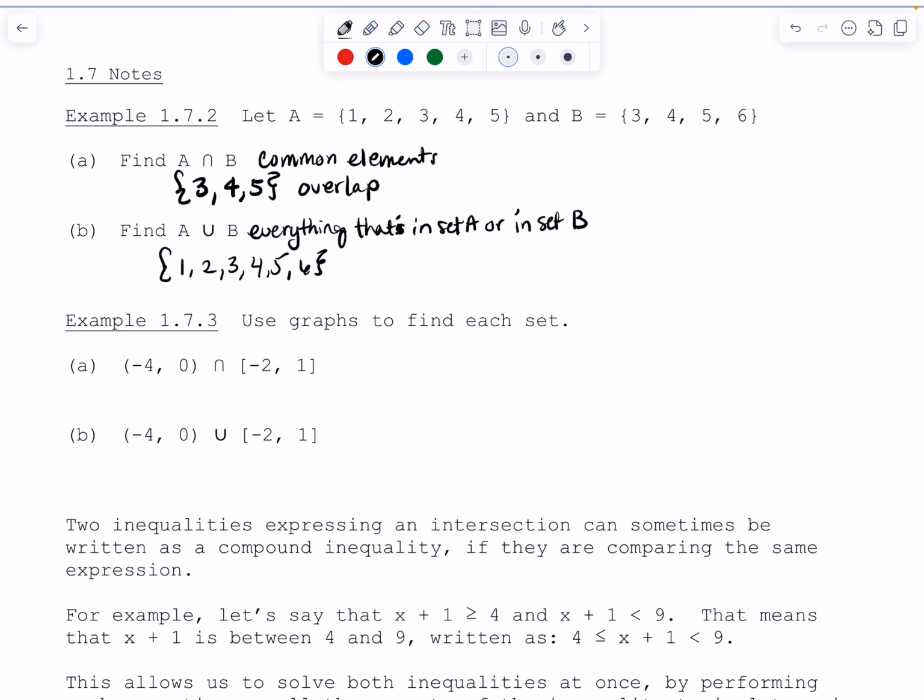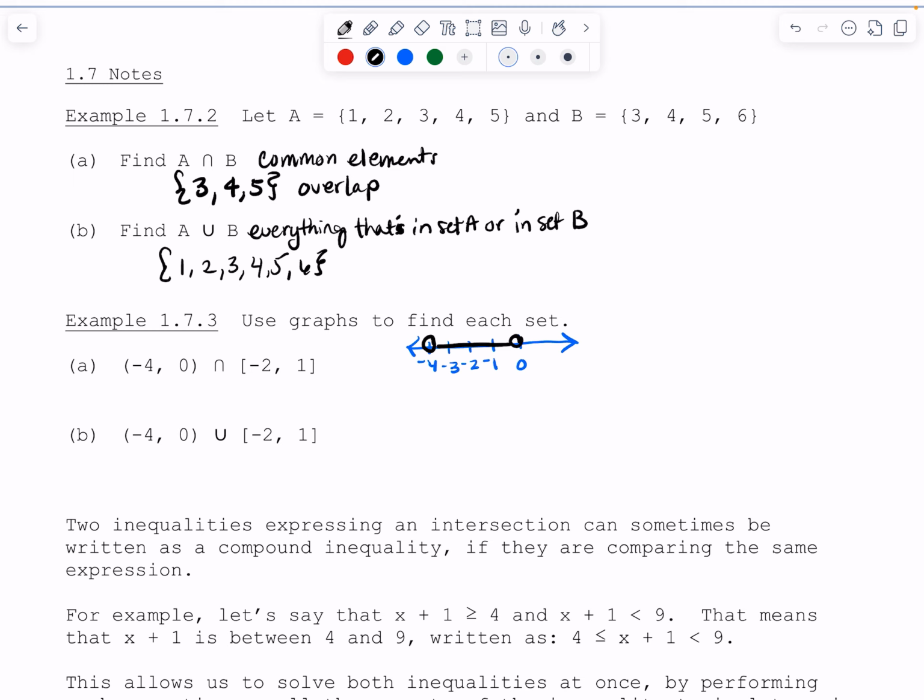Okay, so let's look at 1.7.3. Use graphs to find each set. Now, it says I have -4 going to 0. Okay, so let's graph that. So -4, -3, -2, -1, 0. So if I graph that, negative 4 going to 0 is this.